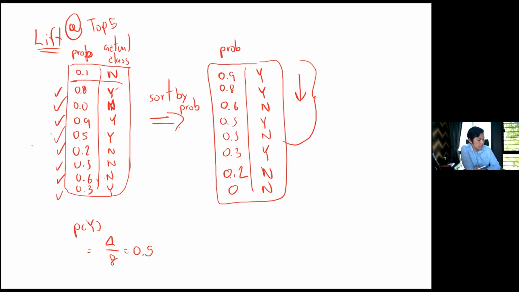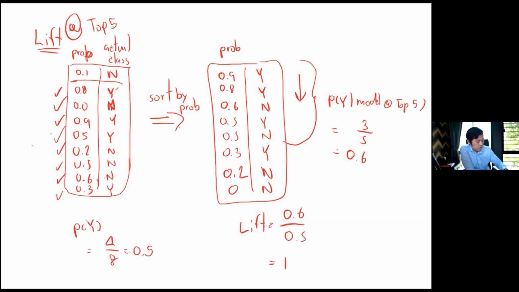So taking the top 5, P of yes given the model at top 5 equals 3/5. This is 0.6. That means lift would be 0.6 over 0.5, and this is 1.2, right?